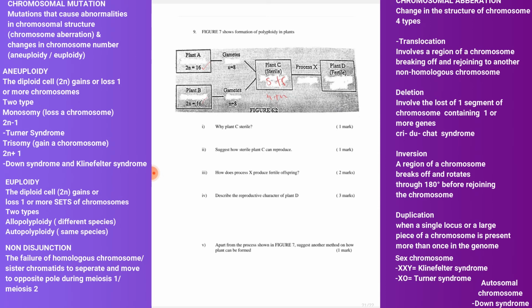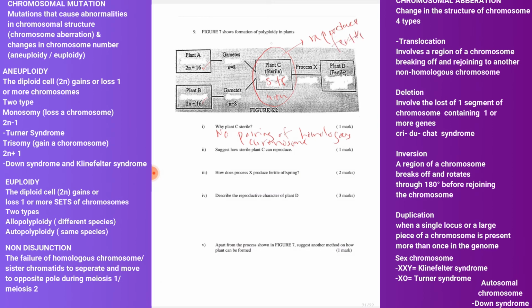So why is plant C sterile? Because of no pairing of homologous chromosomes. How can sterile plant C reproduce, or become fertile?